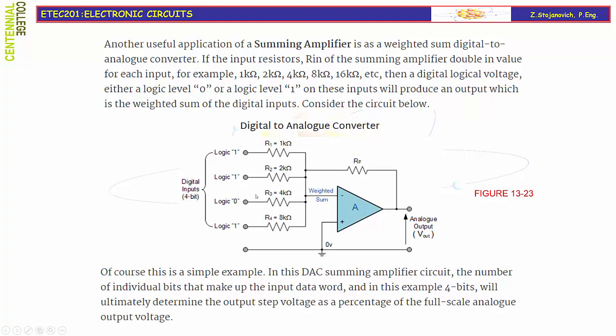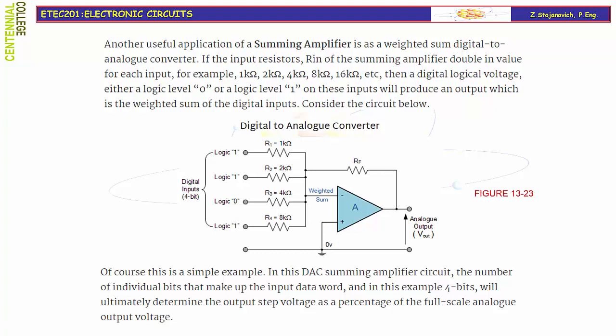If I have, for instance, all zeros, all bits sent, let's say from a microcontroller, to be 0, I will have a minimum output voltage. If I have all ones at the input, that means I will have a maximum analog output voltage, whatever this maximum value can be.